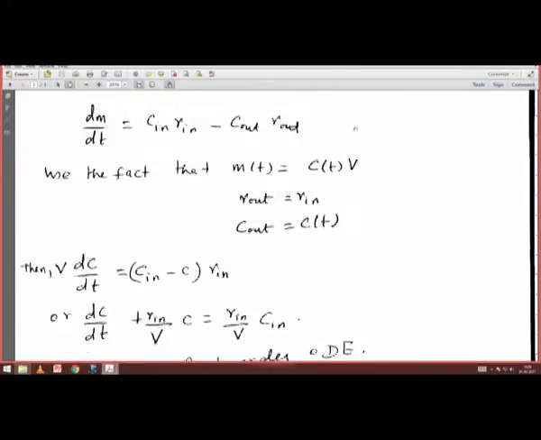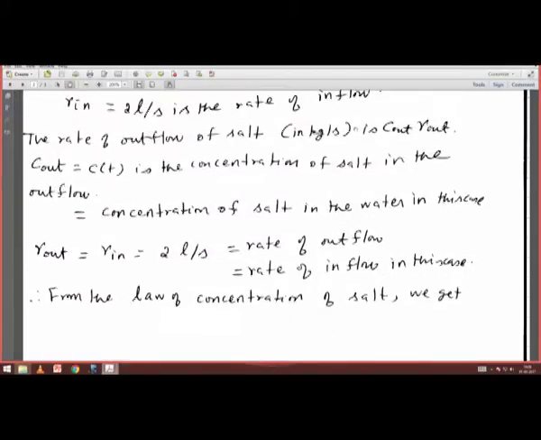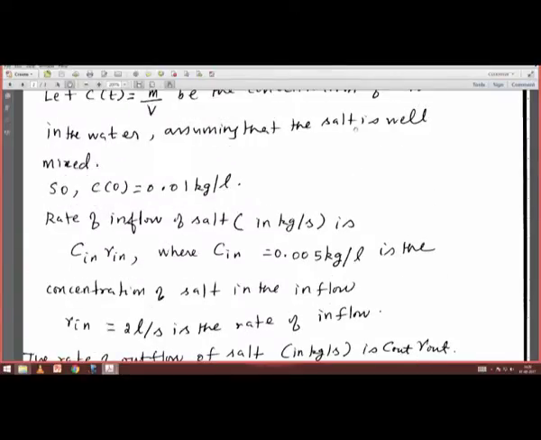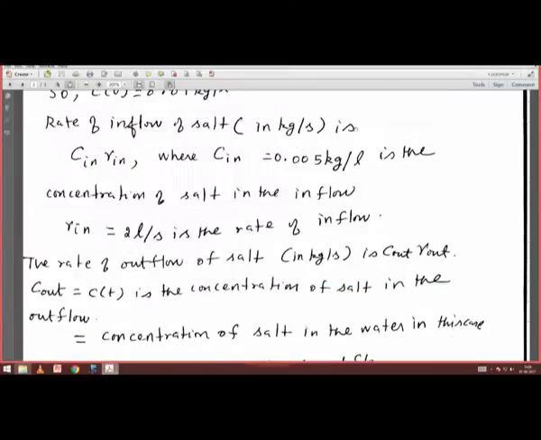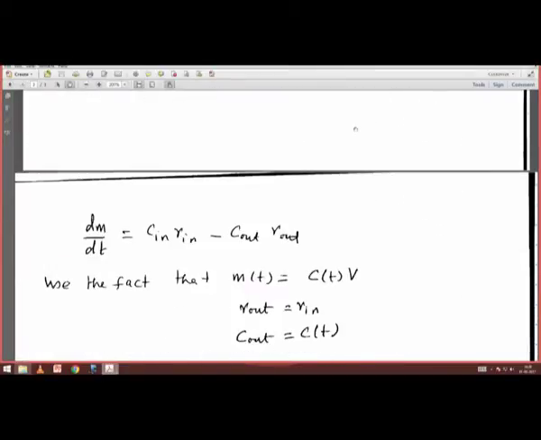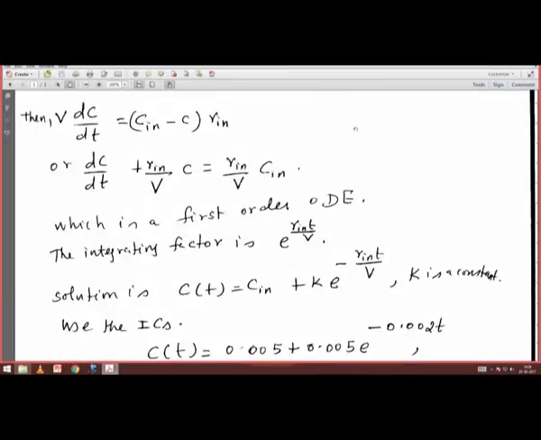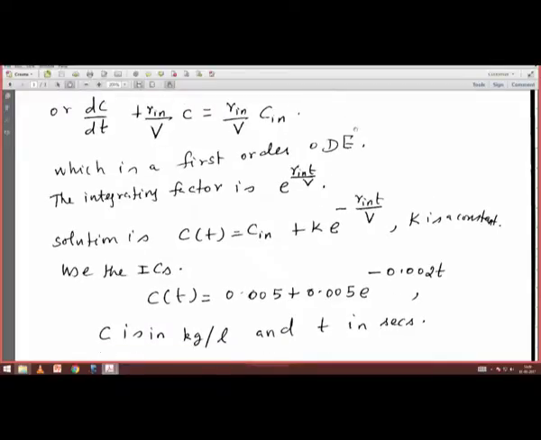We have already seen that C of 0 is given by 0.01 kilograms per liter, and we have a first order differential equation for C of t, which is dC by dt plus R in by V into C equal to R in by V into C in. So, we have an initial value problem. Fortunately, we see that this differential equation is of the linear Lagrange form.